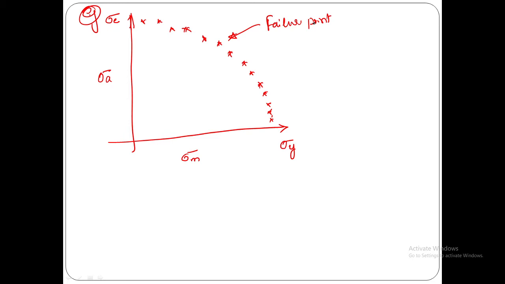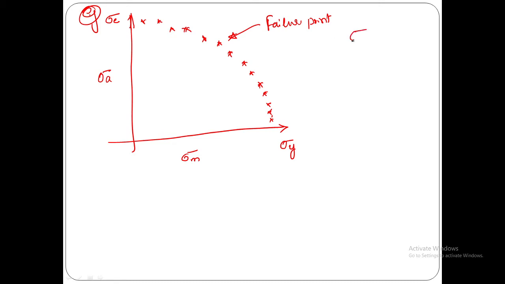Now the component is sometimes also subjected to a combination of both. I think you have noted this in fluctuating stress mathematical models.